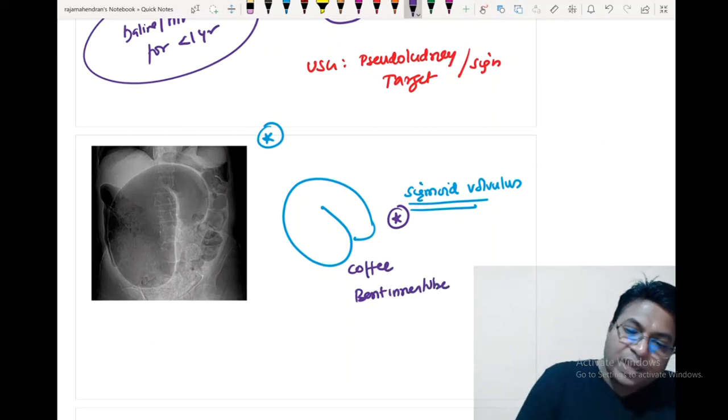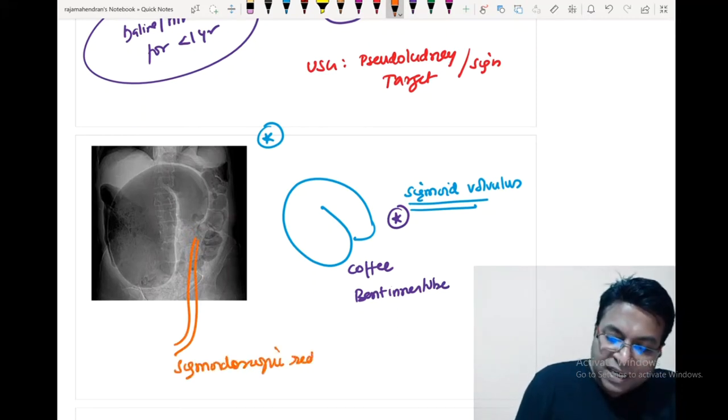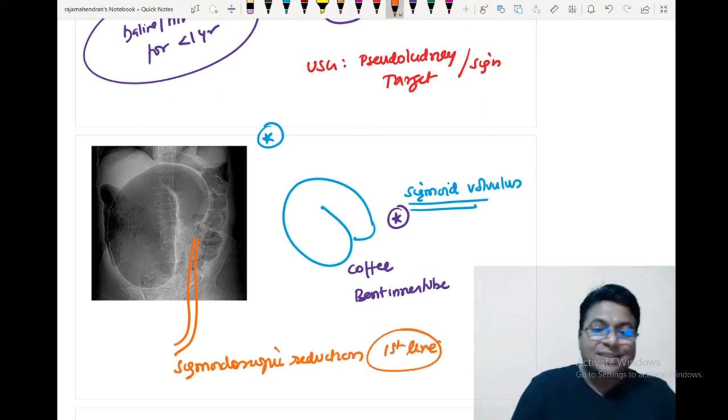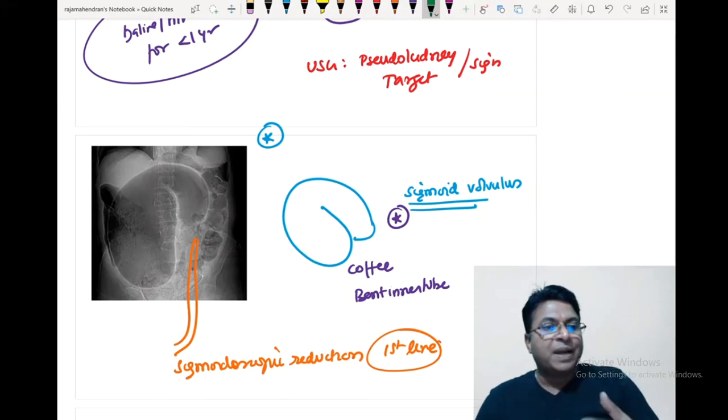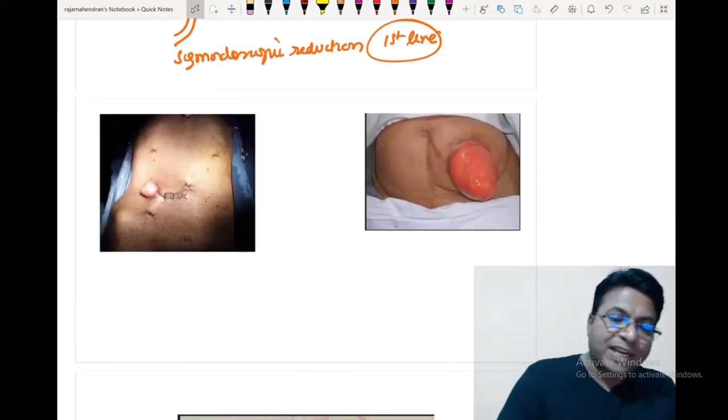So what I should do here for this is I should put a sigmoidoscope, and sigmoidoscopic reduction is the first line treatment for this case. So first line treatment, the moment you see a sigmoid volvulus, we should do a sigmoidoscopic reduction of those volvulus. Okay. So this question is highly expected again for this year.